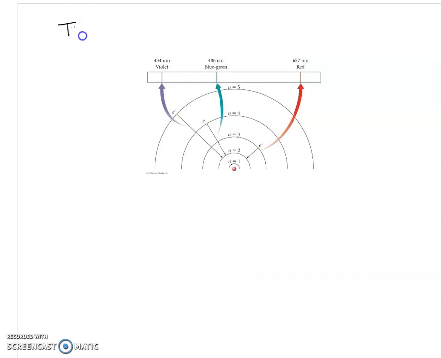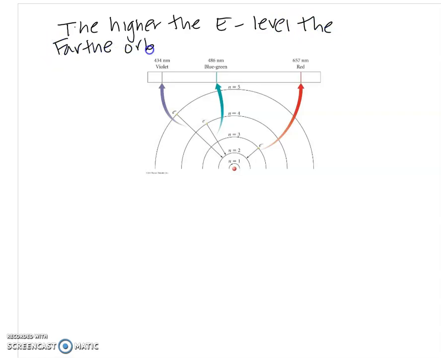So the higher the energy level, the farther the orbit is from the nucleus. And here, what I want to point out is the line spectra for hydrogen again. So this is the line spectra for hydrogen.